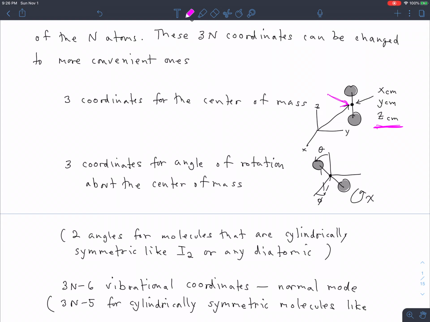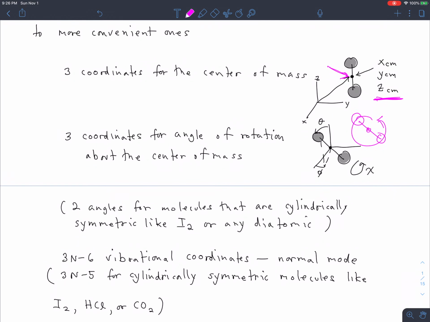And then there are rotations around the center of mass. In general, for a complicated molecule, that's 3 more degrees of freedom. It takes 3 angles to specify the orientation of the molecule around the center of mass.